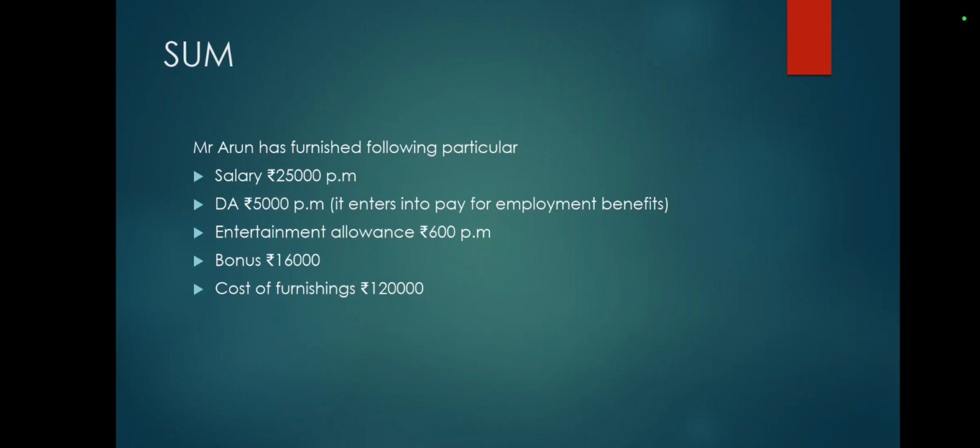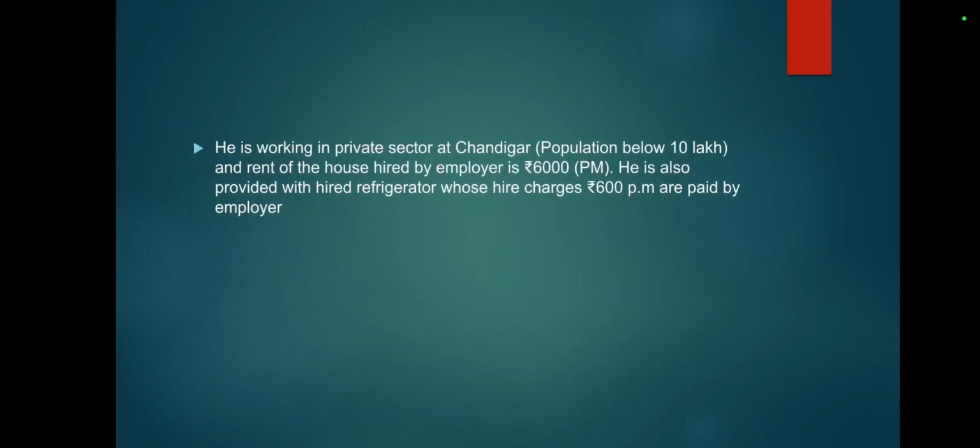Then entertainment allowance 600 per month, bonus 16,000, and cost of furniture 1,20,000. He is working in a private sector company at Chandigarh, population below 10 lakh, and the rent of the house hired by the employer is 6,000 per month. He is also provided with a hired refrigerator whose hire charges of 600 per month are paid by the employer.